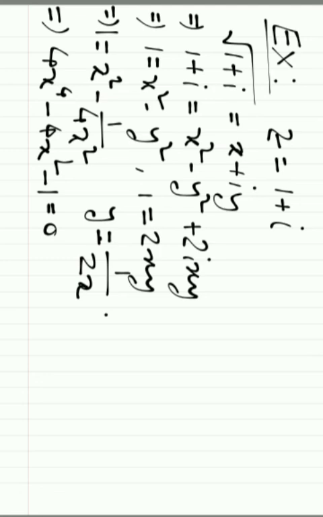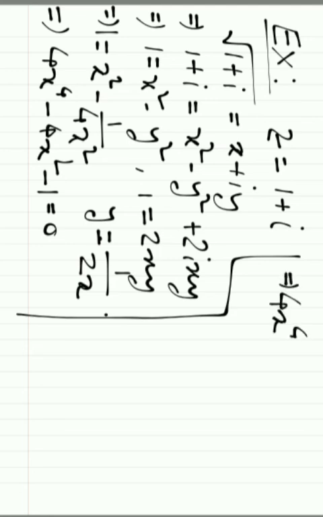So to solve this equation, let us see what we can do. We can write it like this: 4x square plus 1 is equals to 2.